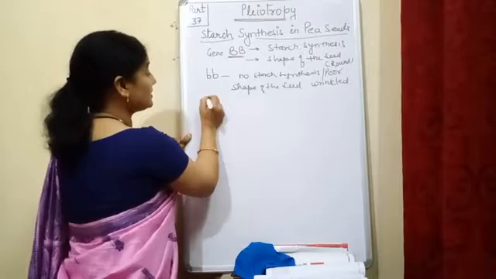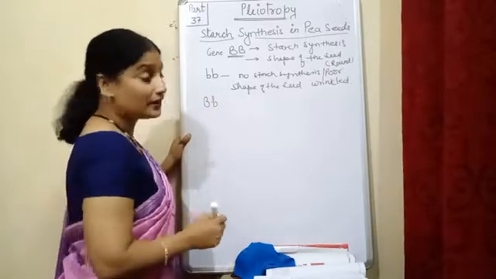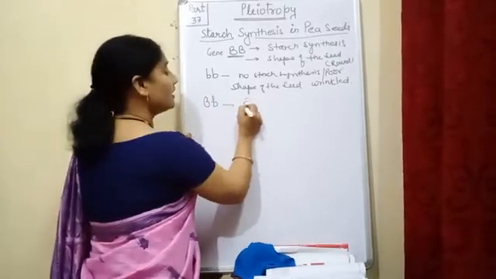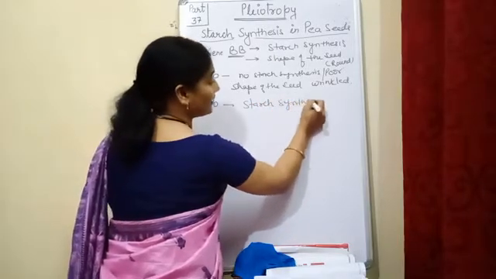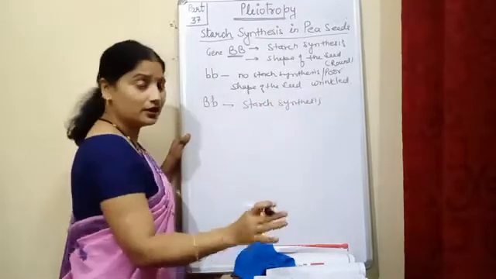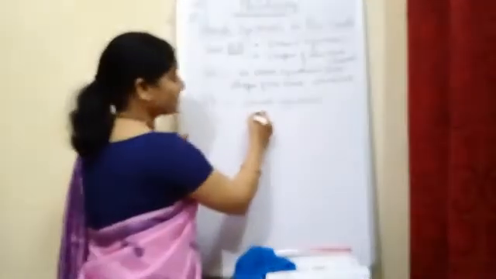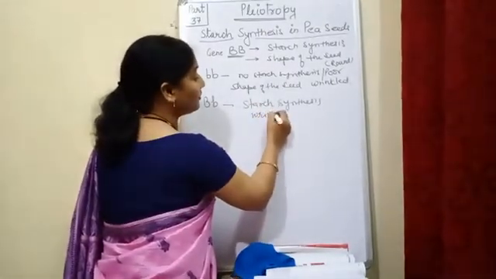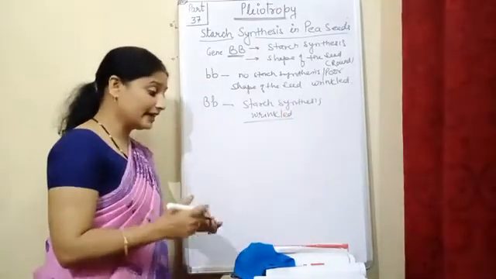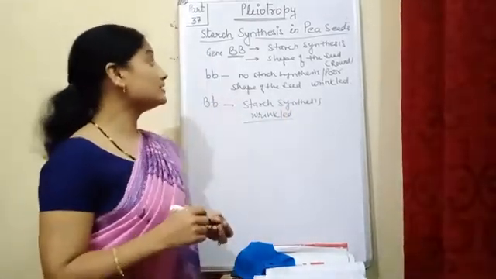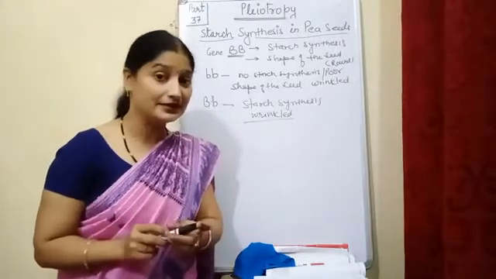And suppose if this is heterozygous, then during the heterozygous, the starch synthesis may be poor or normal, and the shape of the seed will also not be perfect, it will be wrinkled. So this is the second example, that is starch synthesis in case of pea seeds.